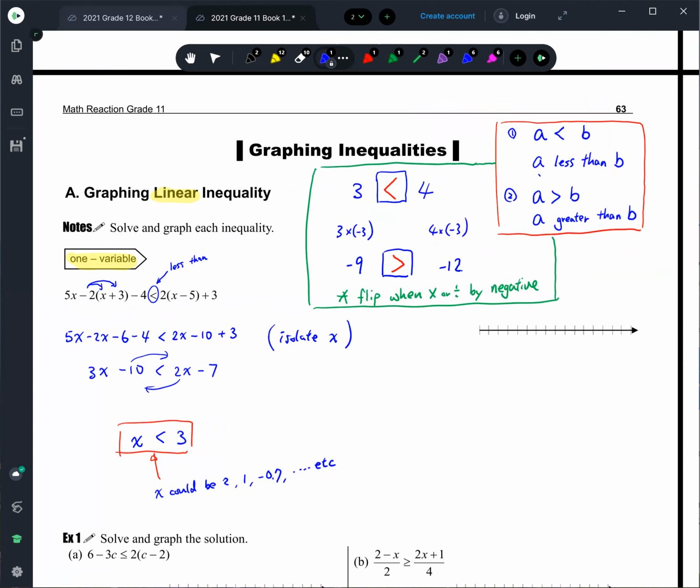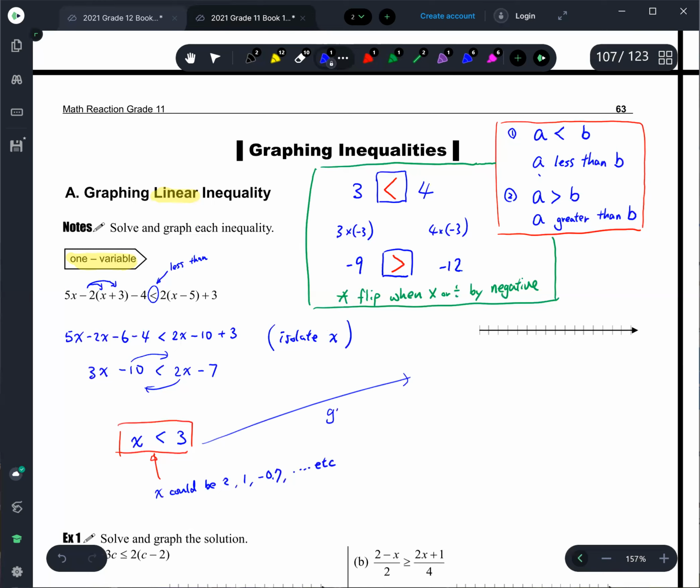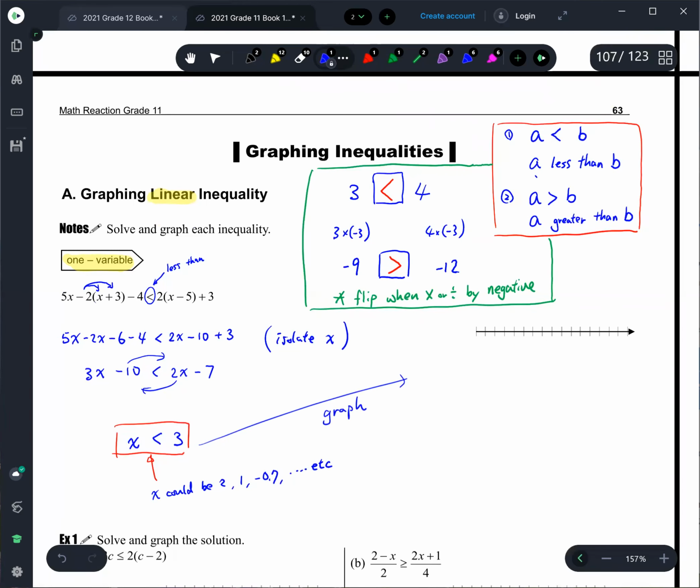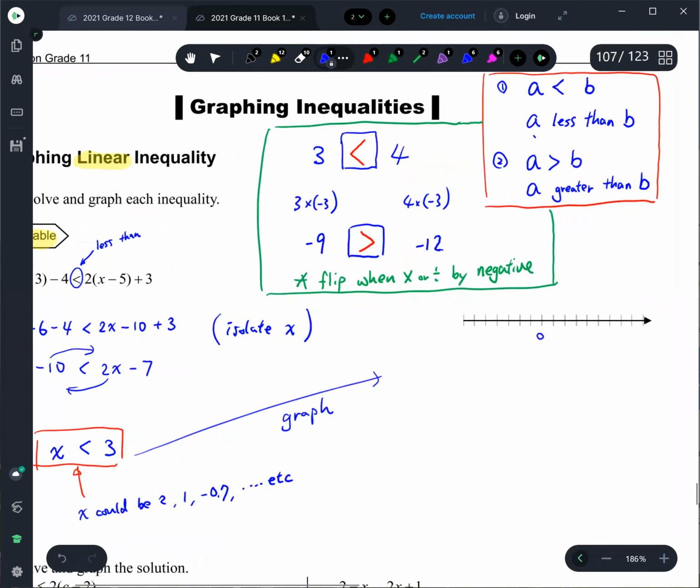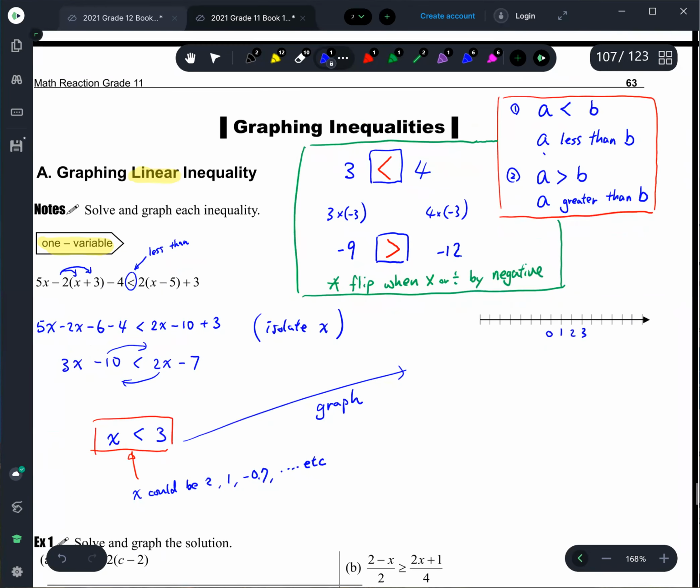So graph, if you want to graph your answer, let's do it on the right side. On your homework, if you're graphing on the line, you need to show at least 3 numbers. You can do the 0, and then 1, 2, 3. Smaller than 3 means you don't want to include 3.